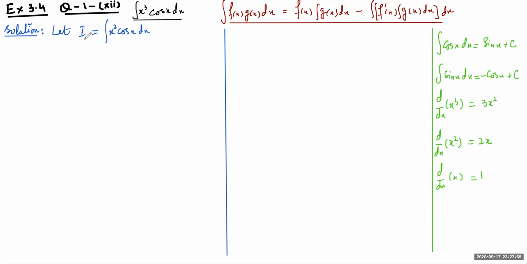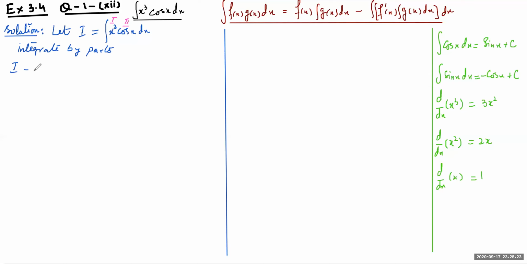We name the integral as I. We are considering x cube as the first function and cos x as the second function. So let's start integration. We are going to integrate by parts, and let's see what we get.